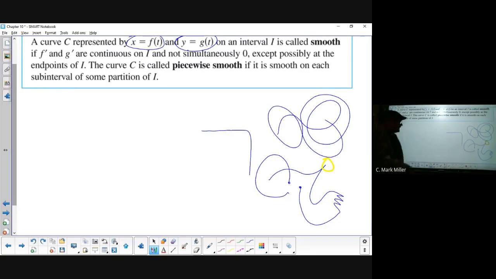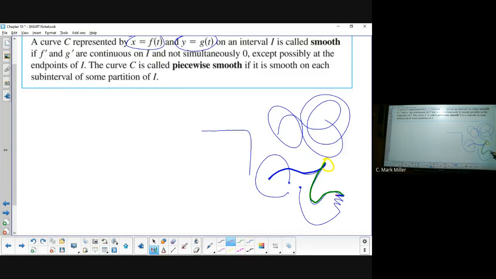So in this crazy one I just drew, it looks like it would be smooth from here to there, and that's one piece. It'd be smooth from there. Now I get into trouble. To there. That's the second piece. And then I'd have to go here. That's the third piece.